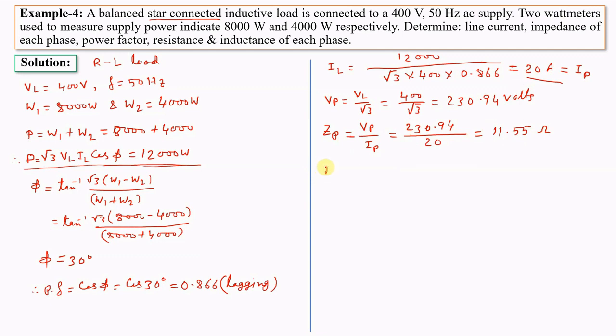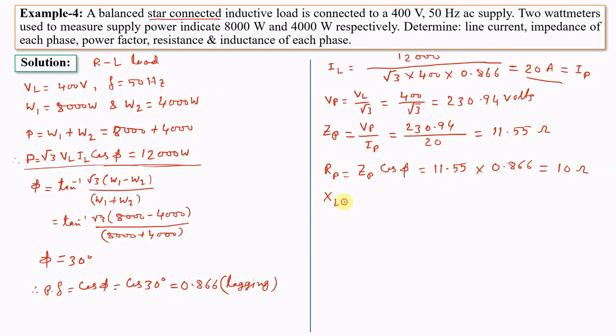From the impedance triangle, we can find the resistance per phase, where we know that the resistance is equal to Z cos phi. Z means impedance per phase, that is 11.55, and cos phi, that is the power factor, 0.866. And after solving, the value of resistance will be 10 ohms.